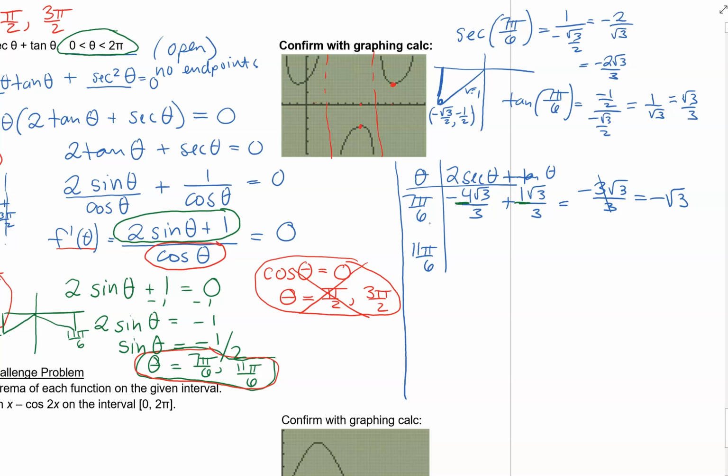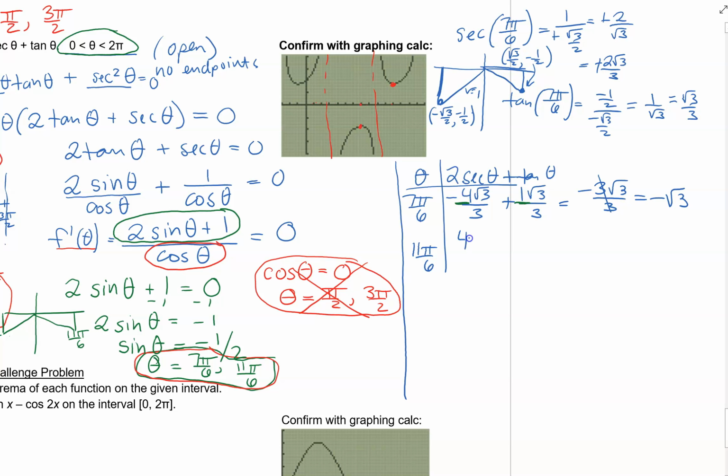Now at 11 pi over 6, it's the same values, except I'm over here now, so the x is positive. So instead of it being negative rad 3 over 2, negative 1/2, it's positive rad 3 over 2 and negative 1/2. So for secant, actually that means it's positive 2 over rad 3, which is 2 rad 3 over 3, times 2.